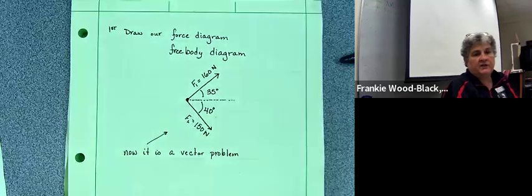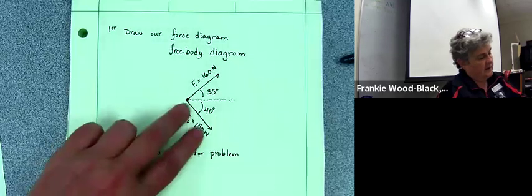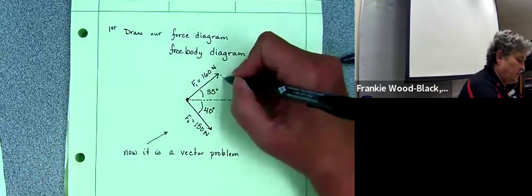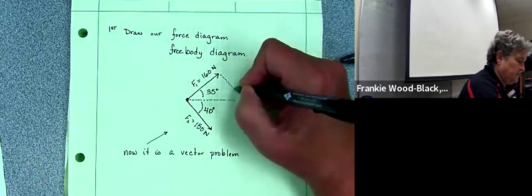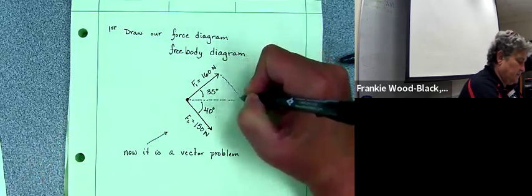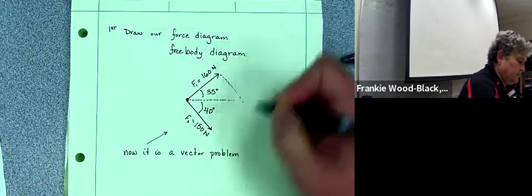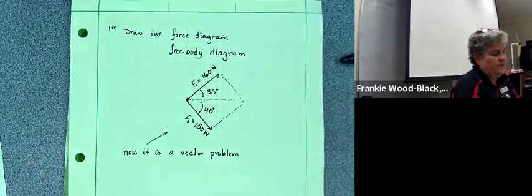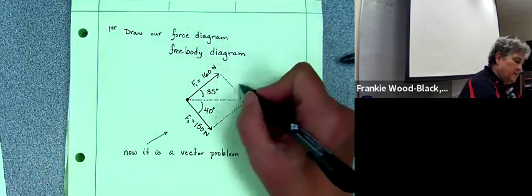So we can do this vector problem a couple of different ways. We can imagine sliding our vector and adding our vectors head to tail. And we get this object that's our force parallelogram.